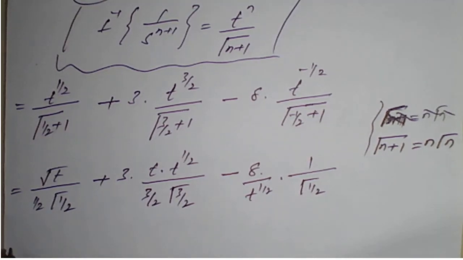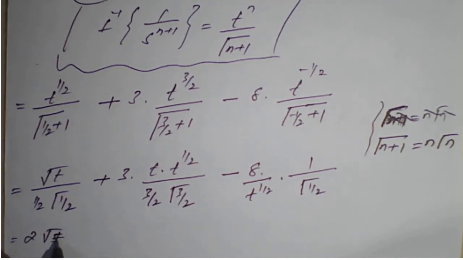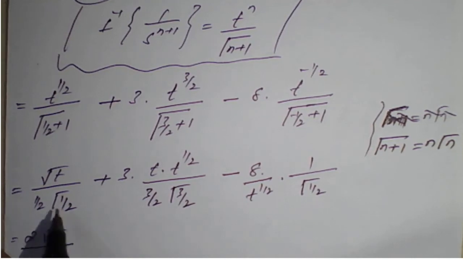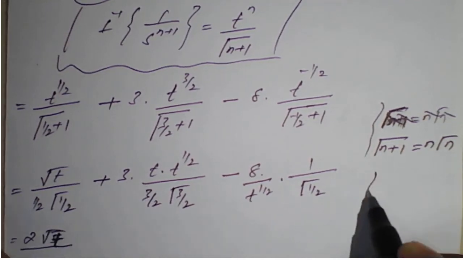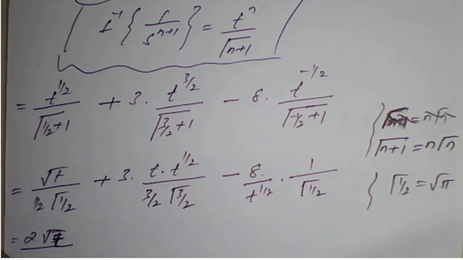So finally this 1 by 2 will go up, 2 root t divided by gamma of 1 by 2, which is always root pi.